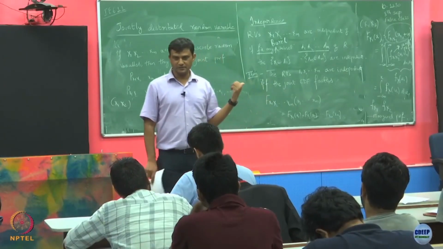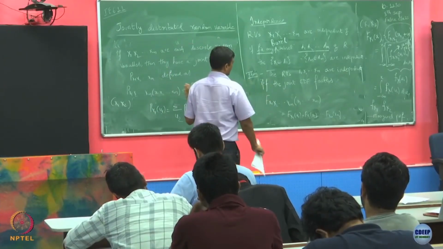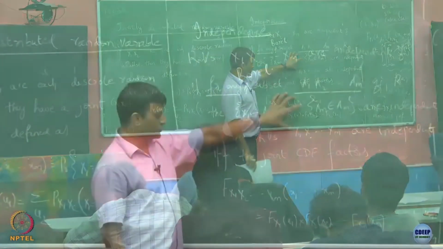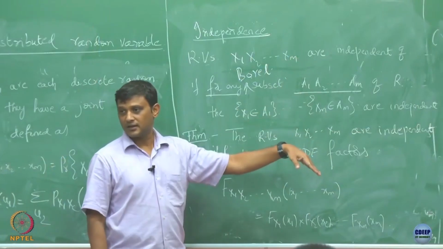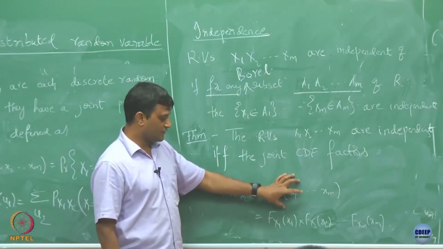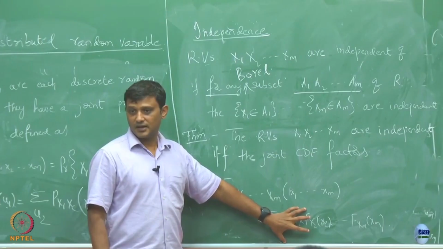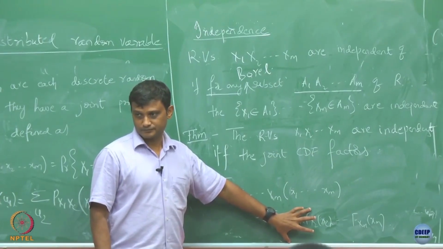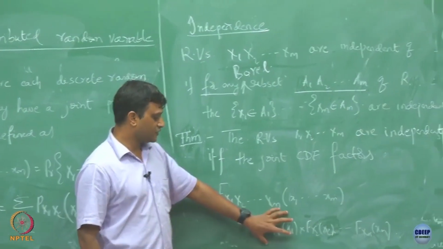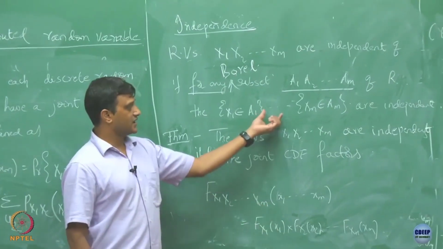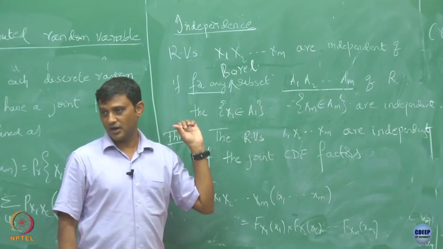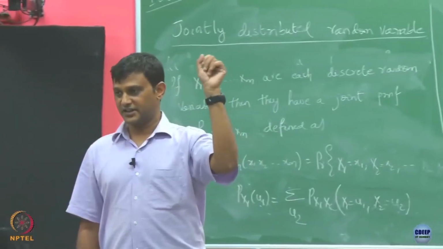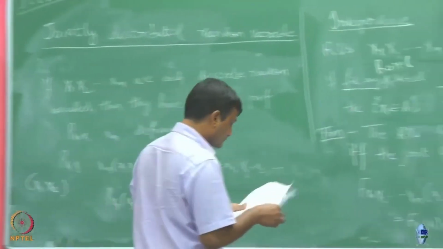I am not going to prove this, but it is not hard to show, at least in one direction. If this holds, you can right away write the expression and show that it splits. Similarly, if this holds, you can show that the events are independent for any collection of sets A1, A2, all the way up to Am.